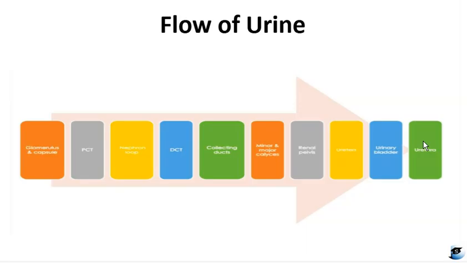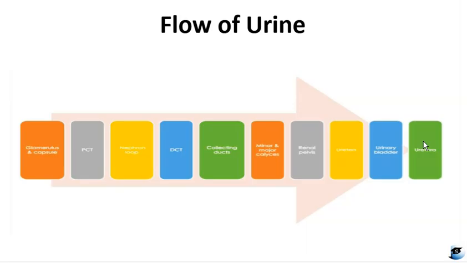The filtrate then passes through the distal convoluted tubule, where the final fine-tuning of electrolyte and pH balance occurs, often under hormonal influence. From here, the fluid, which is now considered urine, enters the collecting duct, which carries it through the medulla to the renal papilla. Urine then flows into the minor calyces, merges into the major calyces, and enters the renal pelvis.